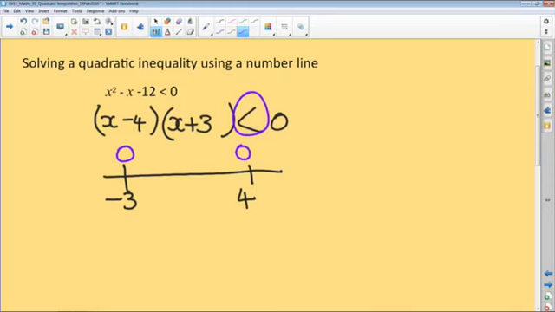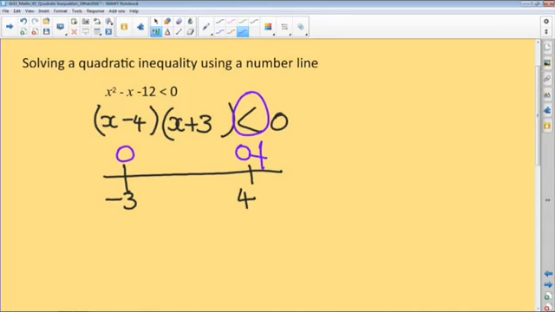Here, I'm taking the numbers greater than 4, substituting them in this factorized format, and I'm only concentrating on the sign, all right? So if I put a 5, that's going to be 5 minus 4, which is a 1, 5 plus 3, 8, 8 times 1, you get a positive answer, all right?